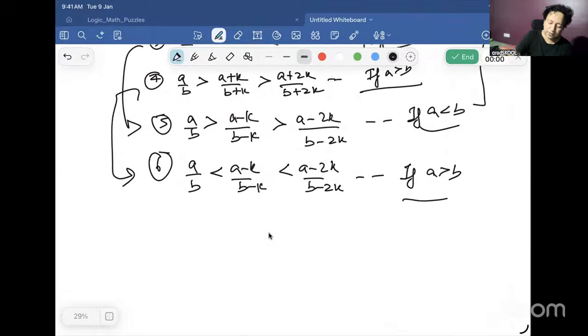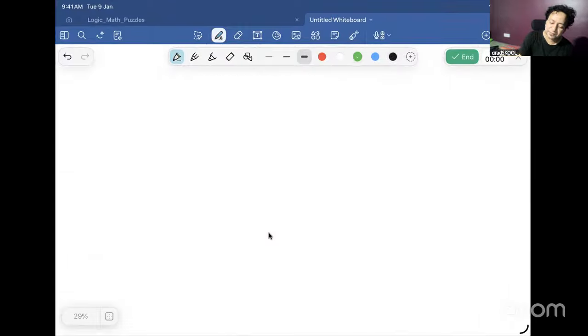Now, let's do a few things more. So let's say I have 3 by 7 and I have, let's say, 5 by 9, and I ask you which one is greater. How do you know that? कौन बताएगा? Which one is greater? There are multiple ways of doing it, right?